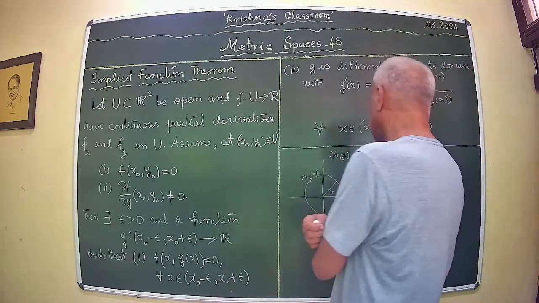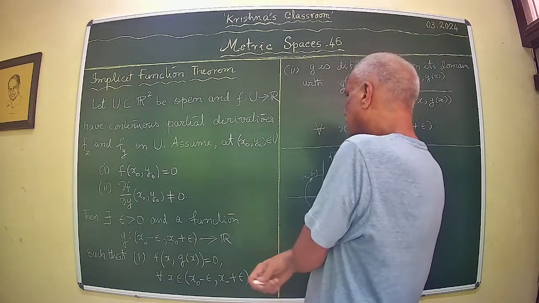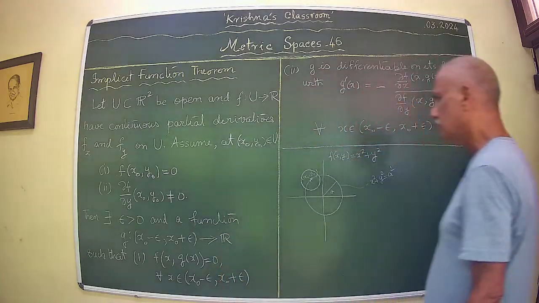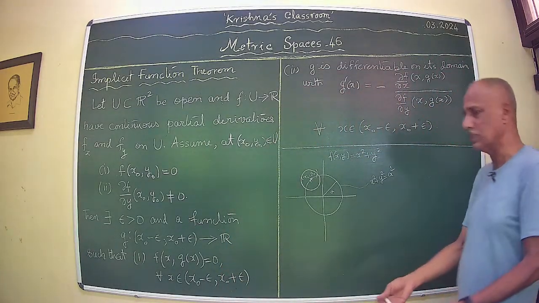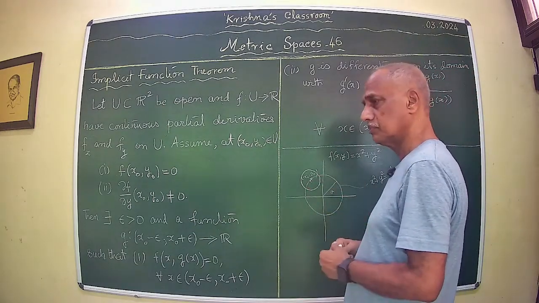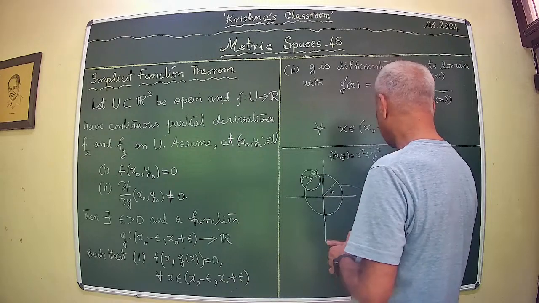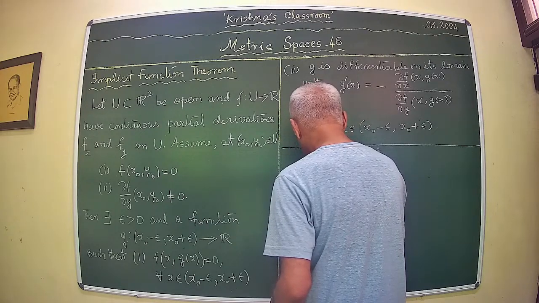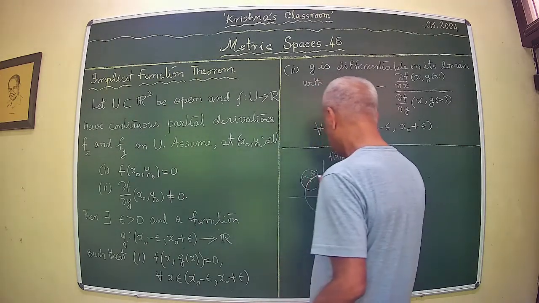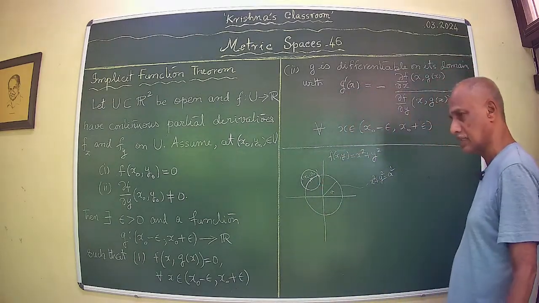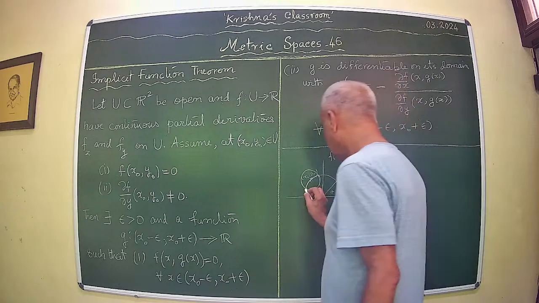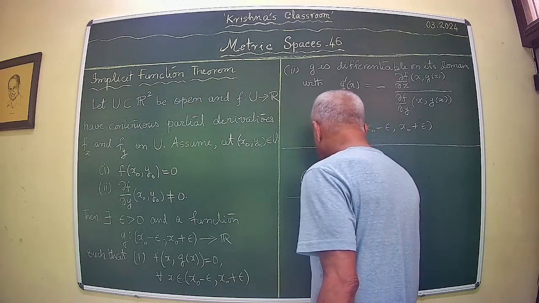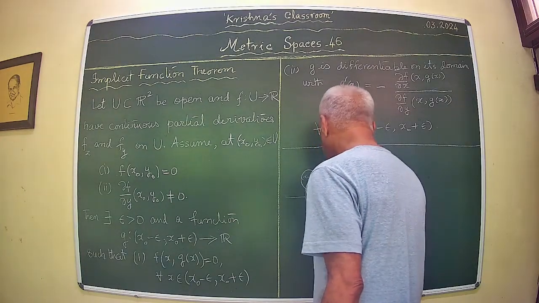Except for 2 points on this circle, everywhere else you can find a neighborhood of this point in R2, and the intersection of the curve determined by x square plus y square equal to a square with this neighborhood, given by this portion of the arc of the circle that I have marked, can be written as y as a function of x.